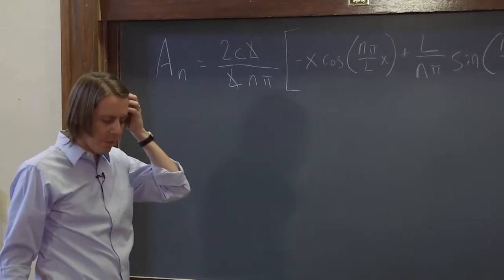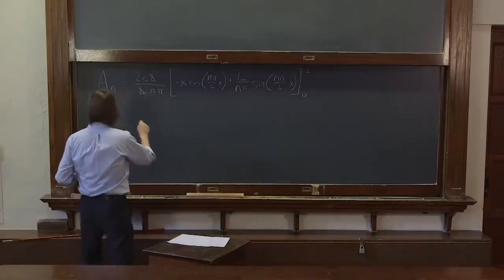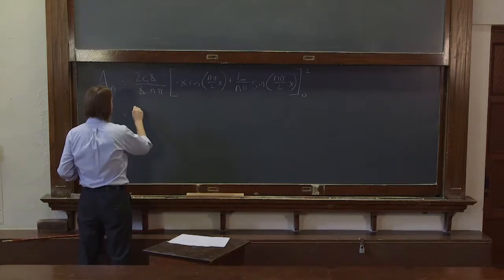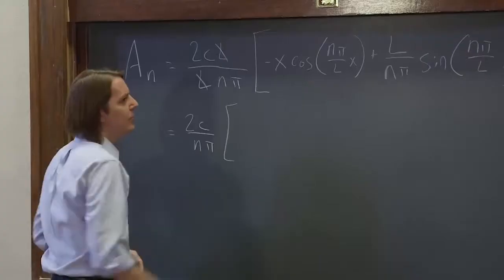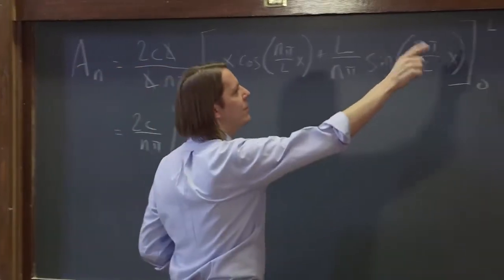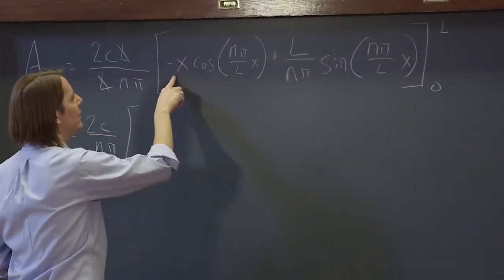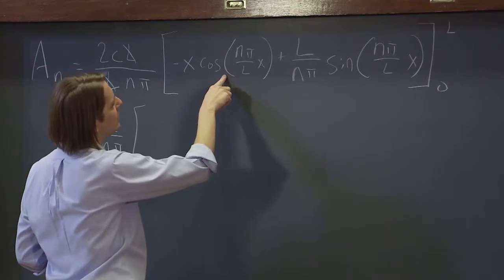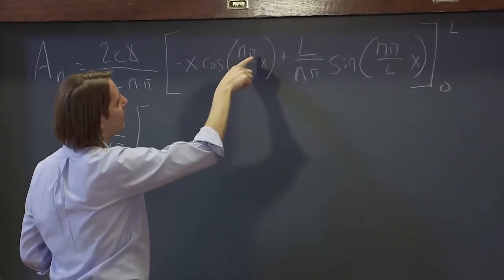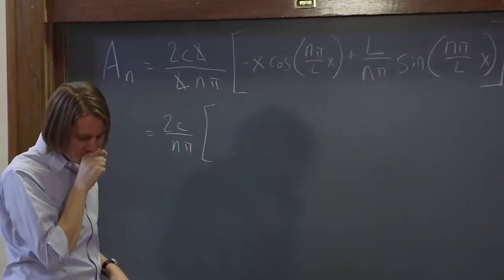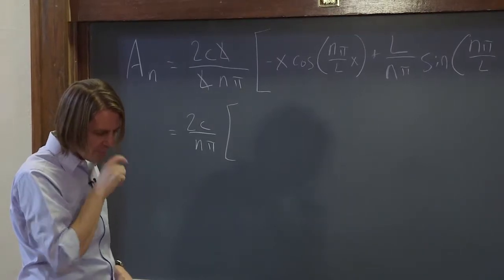So I think we're in good shape now. So let's do the evaluation then. It equals 2c over n pi times, let's see. When we evaluate this at L, we get minus L times the cosine of n pi. So we can't simplify.